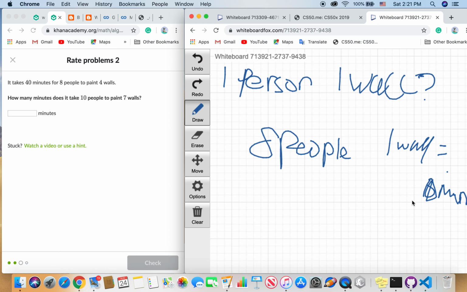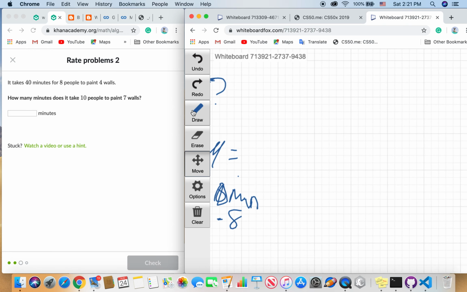That's kind of slow, I think. And then if I want to know for 1 person, I need to multiply by 8, which means it's 80. Alright, 80. So 1 person paints 1 wall and needs 80 minutes.